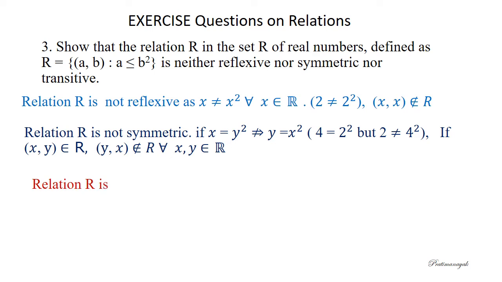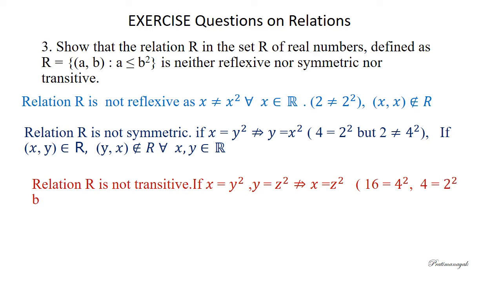Now R is not transitive. If x is equal to y square, y is equal to z square, this does not mean that x is equal to z square. For example, 16 is the square of 4, 4 is the square of 2, but 16 is not equal to the square of 2.